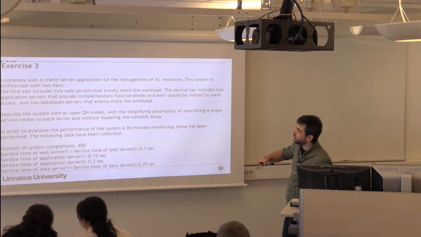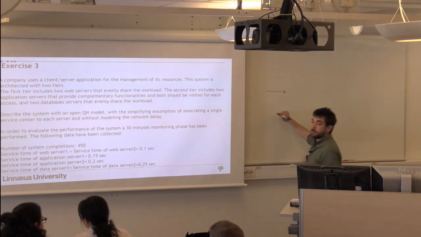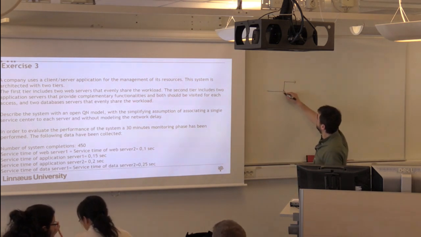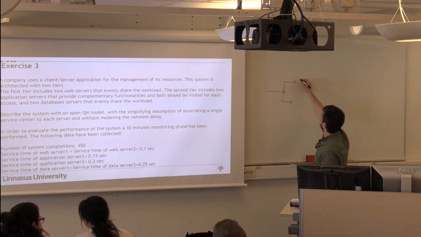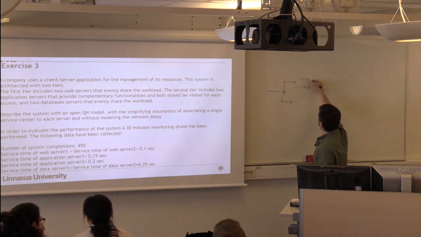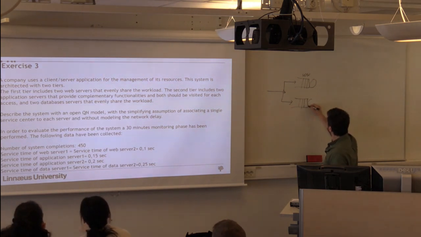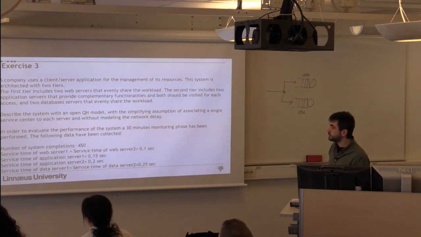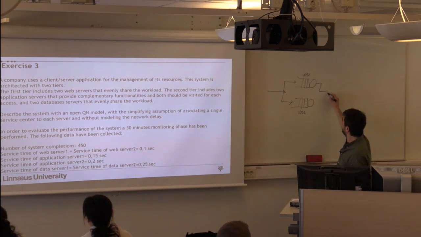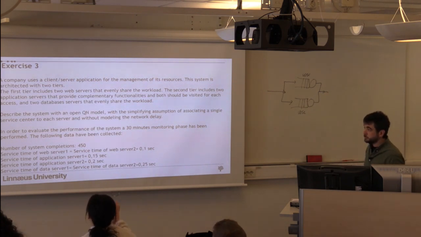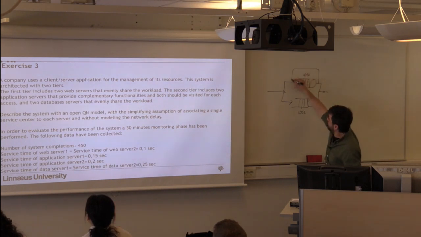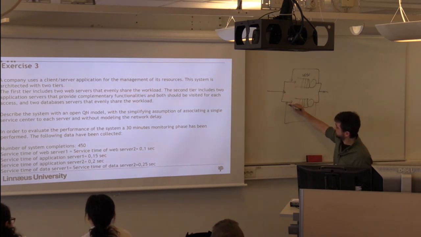The first tier includes two web servers that share the workload. Open network, there will be two web servers: web server 1, web server 2. Then the second tier includes two application servers. We don't know if there is one or more requests actually, so let's put it like this.